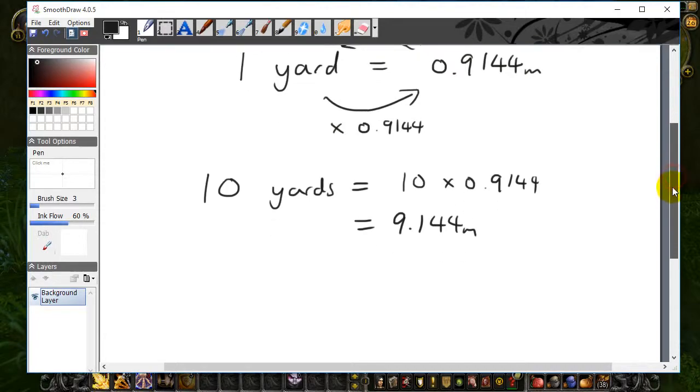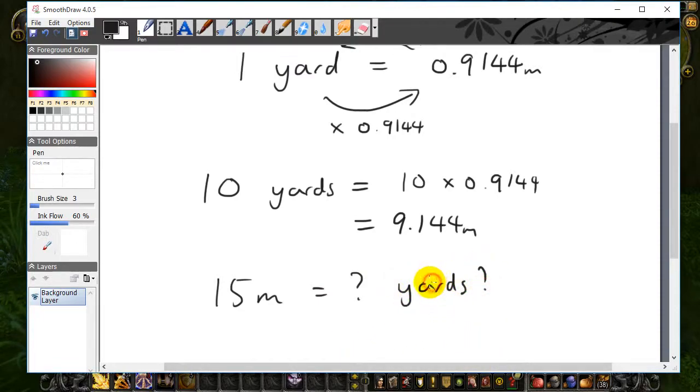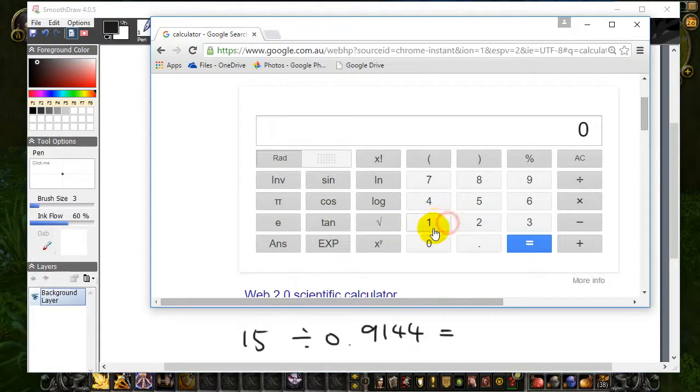And if I want to know, for example, how many yards 15 meters in real life is, I would have to go 15 divided by 0.9144, and let's put that in the calculator. 15 divided by 0.9144, and I have 16.404 yards.